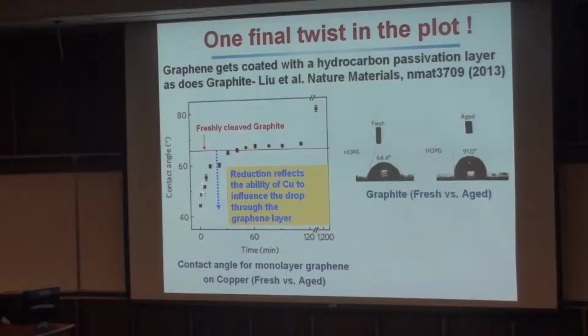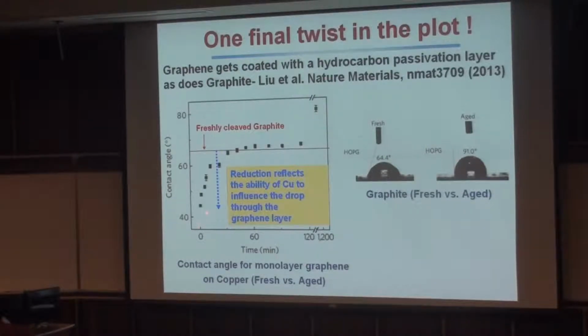And then over time it increases until it stabilizes at this value, which is what you get after the aging process is completed. And this is because of that thin hydrocarbon coating that forms, which also forms on the graphene. So the final values that these guys measure is the same as what we measure, but there's a whole transient involved, right, which we hadn't picked up, which these guys are showing.